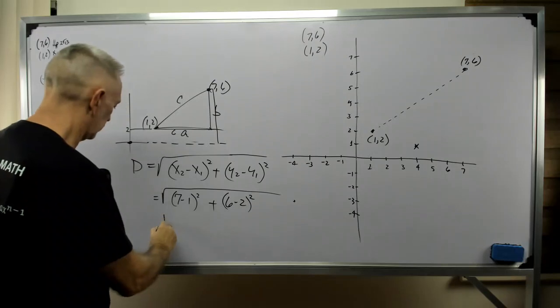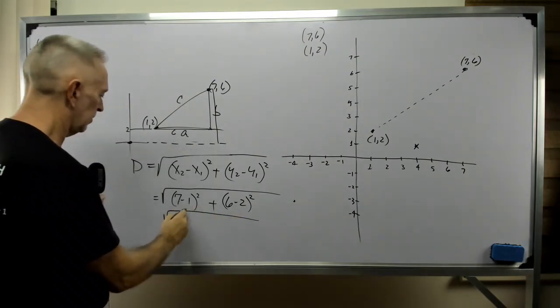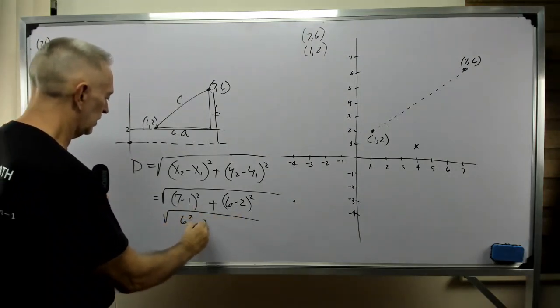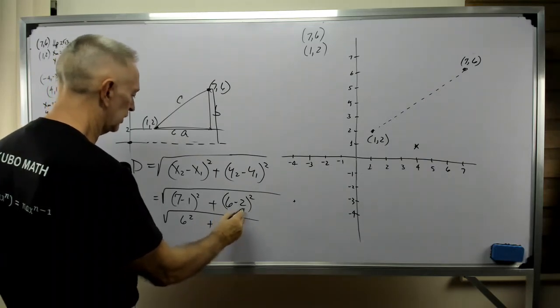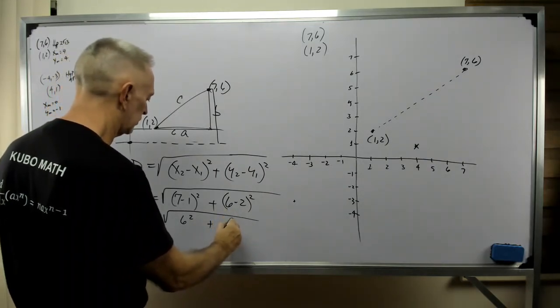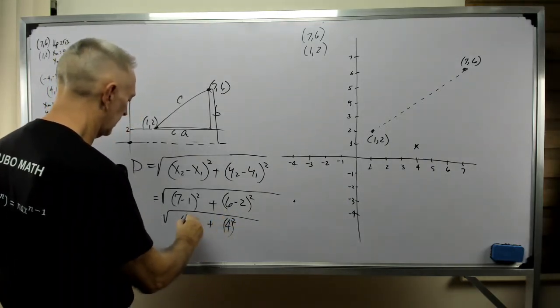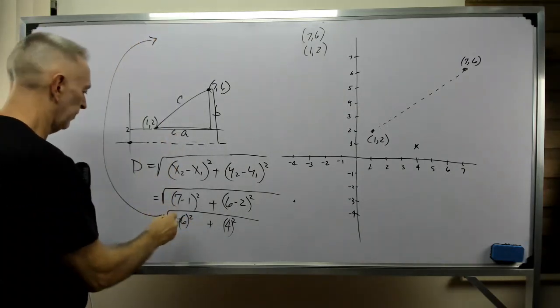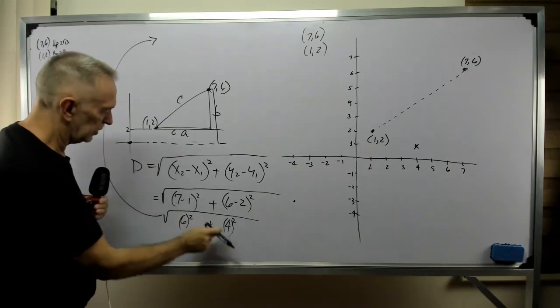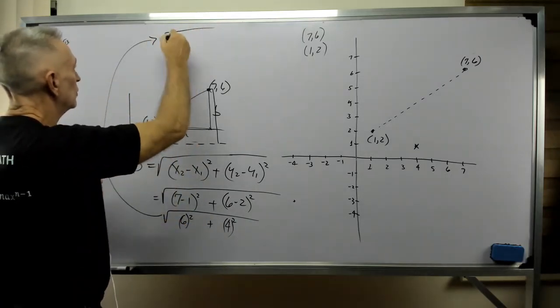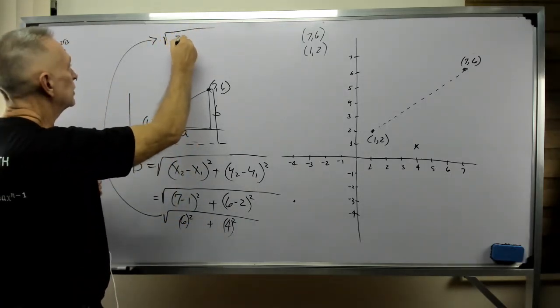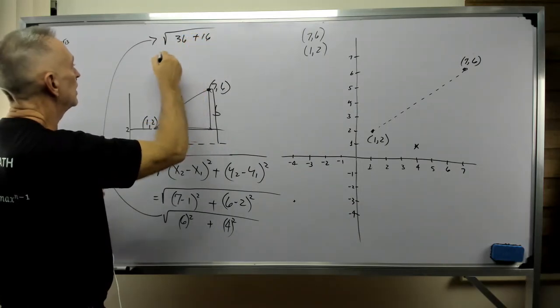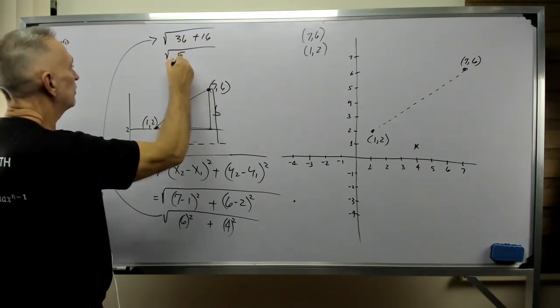So I have the square root of 7 minus 1 is 6, 6 squared, plus 6 minus 2 is 4, and that's squared. We've got the square root of 36 plus 16, that's the square root of 52.